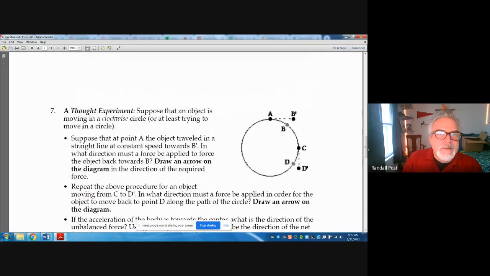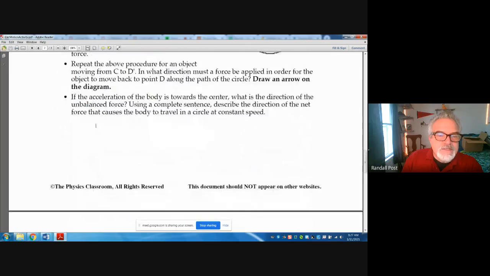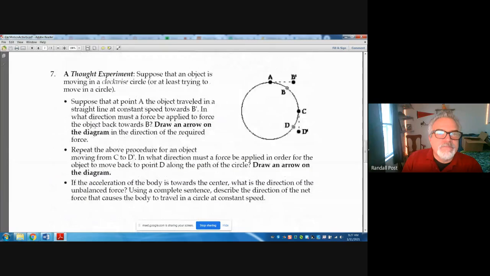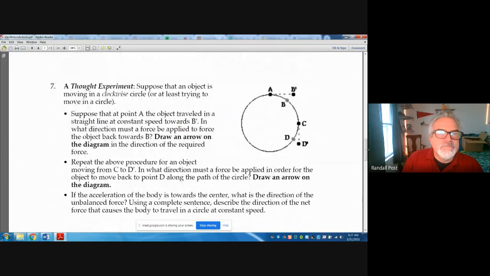And finally, I think this is the last one. Nope, there's more, but here's more to think about. Suppose that we have positions A, B, C, and D, and remember my story about people in a circle.